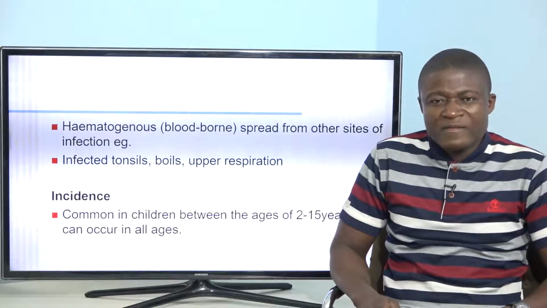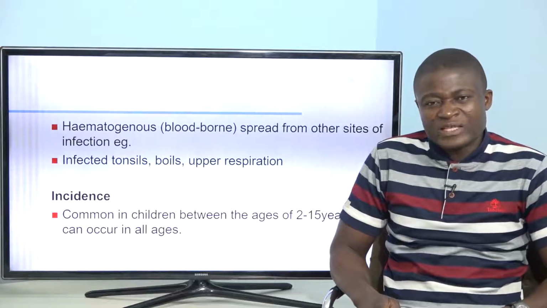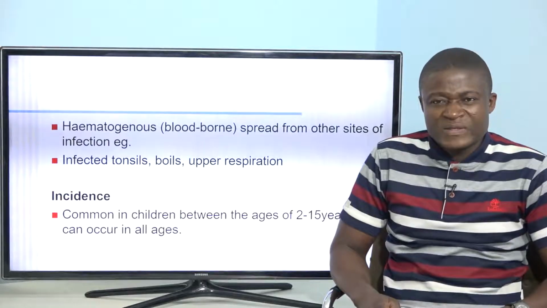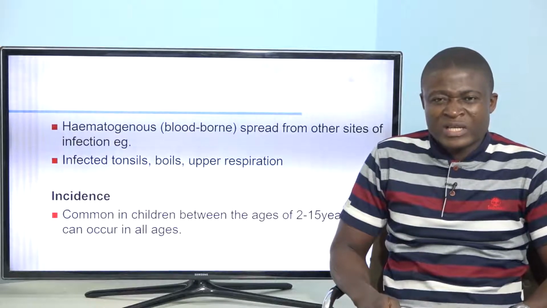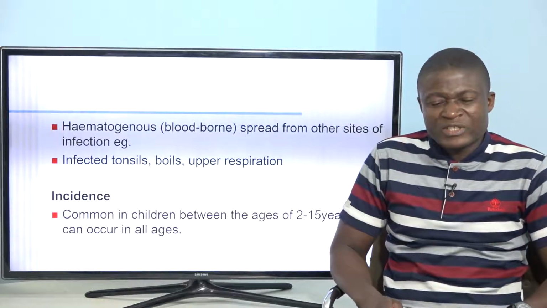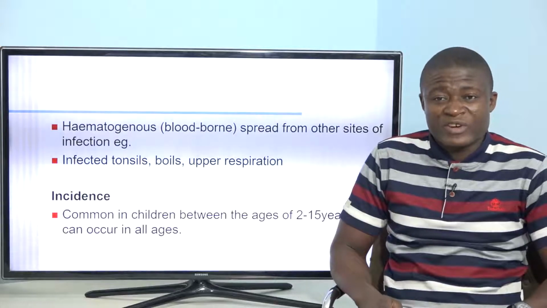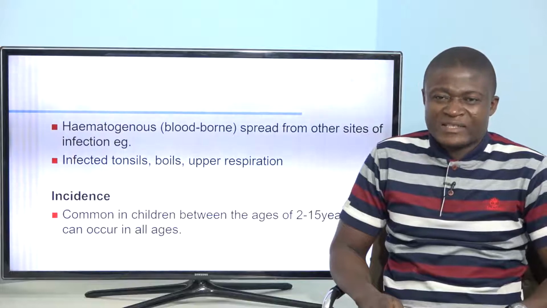We can also have transmission of organisms through hematogenous means, that is blood to bone, which spread from other sites of infection. Say you have infection of PID, pelvic inflammatory disease. The organisms that are causing the PID get access into the blood.